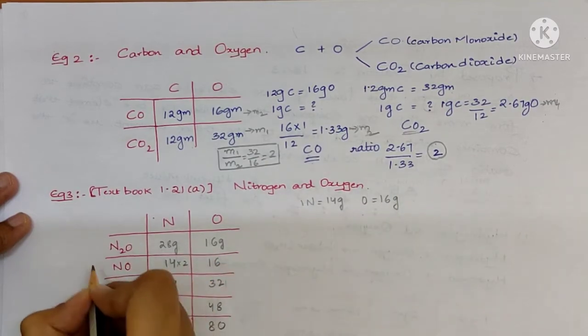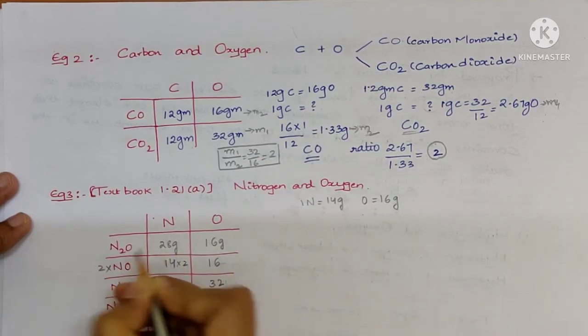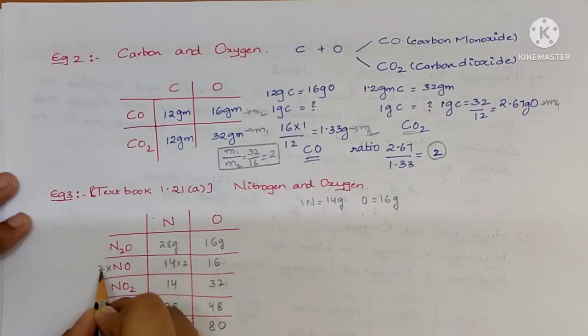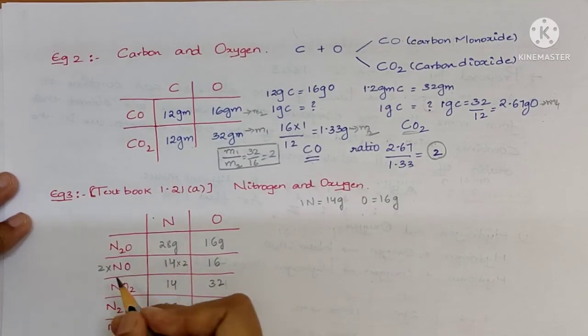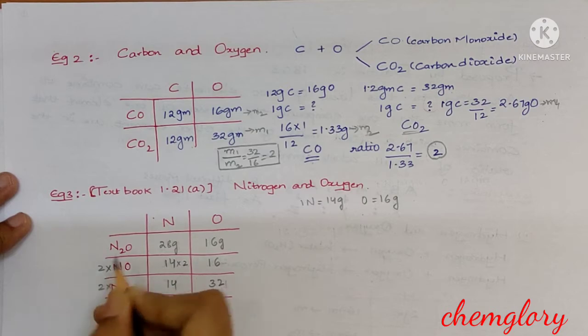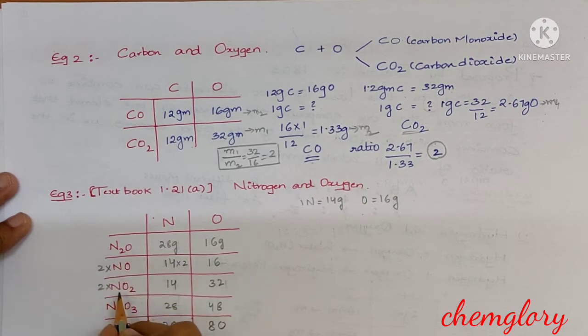Now I have to multiply this with 2 so that N will become 28 grams. And we have to multiply this 2 with O also. And in the third compound NO2, to make it 28, we have to multiply with 2. And we have to multiply 2 with O2 also.